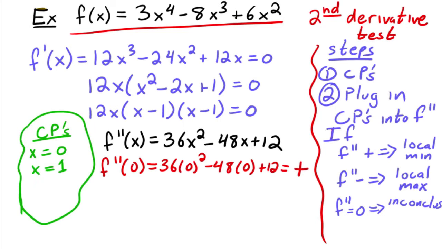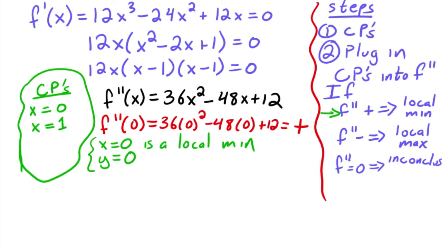That equals positive 12. So that means that x equals 0 is a local minimum from this one. And then to find the y value, of course, remember you plug in the x value into the original function. If you plug in 0 into the original, you would get y equals 0. So the point (0, 0) is a local minimum.